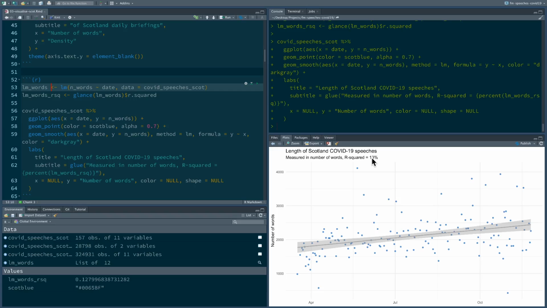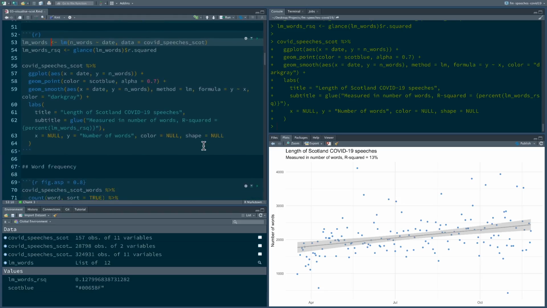Even though it does look like there is a positive trend, it's certainly not a strong one. To say that definitely the speeches are getting longer on average is probably not very meaningful because there is a lot of scatter. It seems like there might be a lot of random noise. But at the same time, we are seeing somewhat of a positive trend, which might be interesting to take note of.